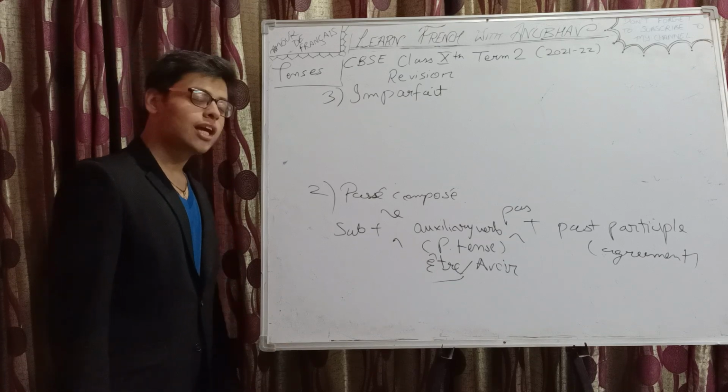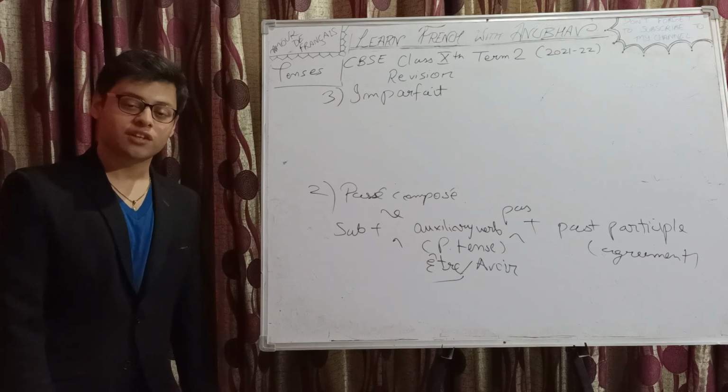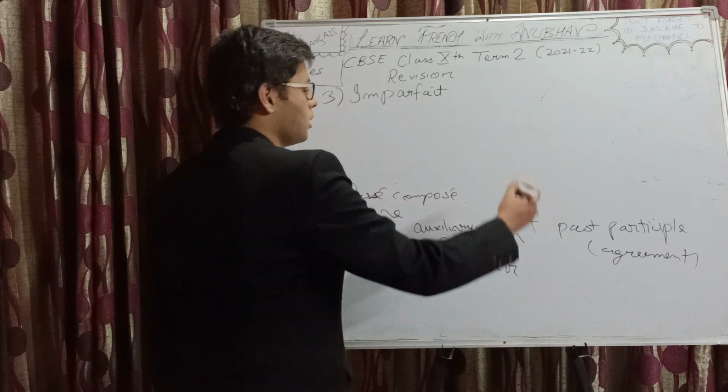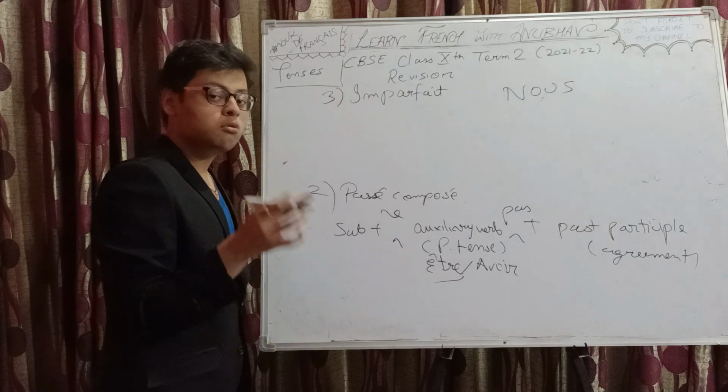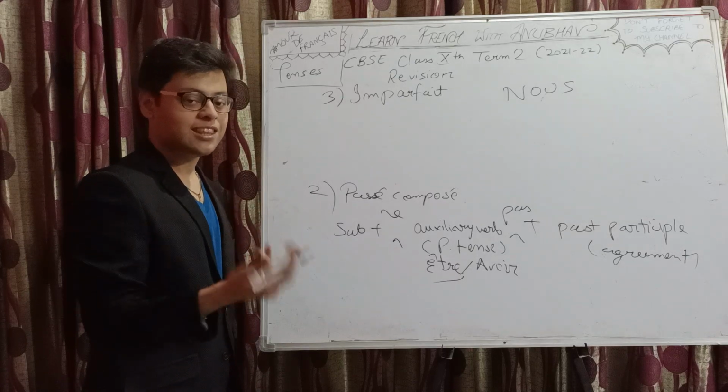Talking about the formation, how to form: you take the present tense conjugation with first person plural. First person plural is what? Nous. You take that conjugation, you remove the ons and then add the endings.